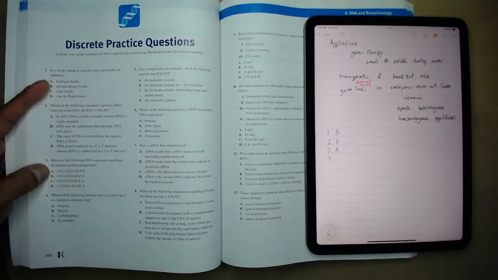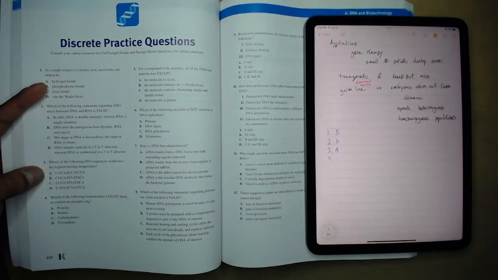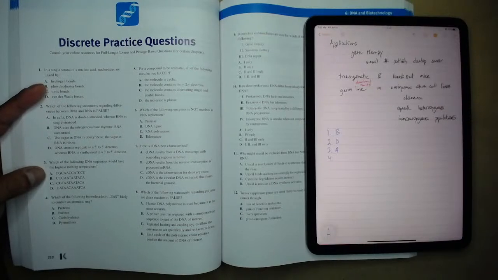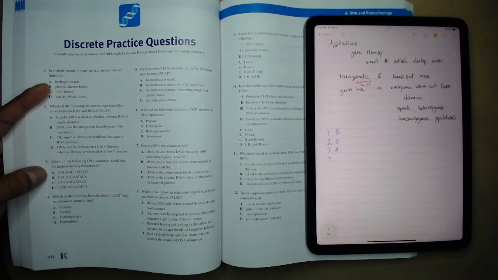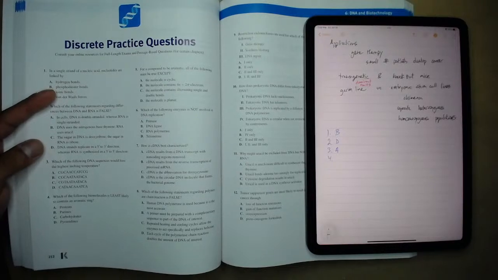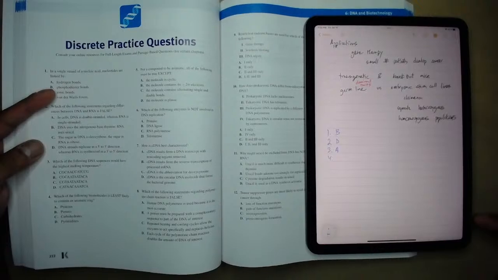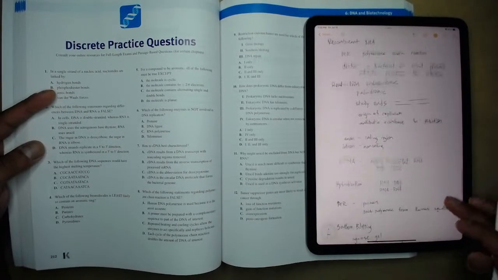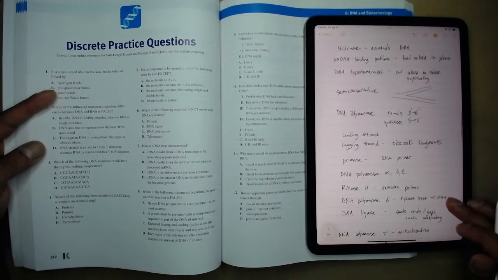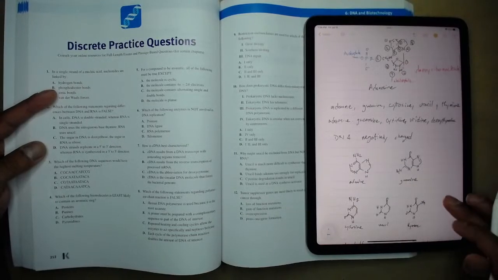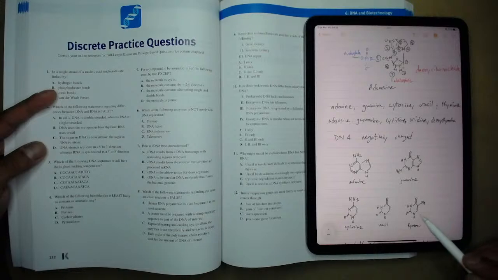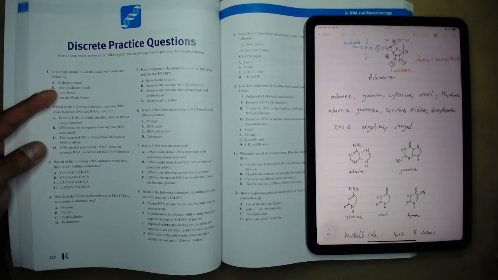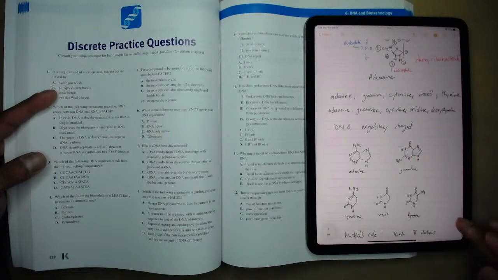4. Which of the following biomolecules is least likely to contain an aromatic ring? Proteins, purines, carbohydrates, or pyrimidines? I guess carbohydrates. Proteins, purines, and pyrimidines all have aromatic rings, right? These are not aromatic rings. Pyrimidines do. Purines don't.